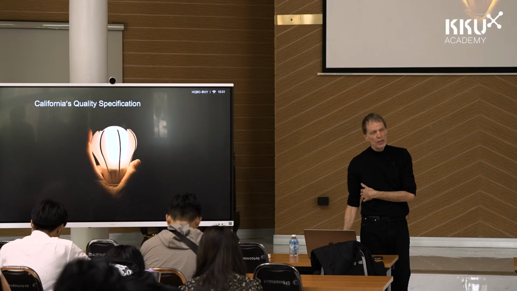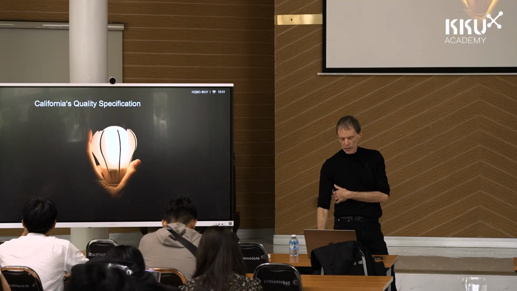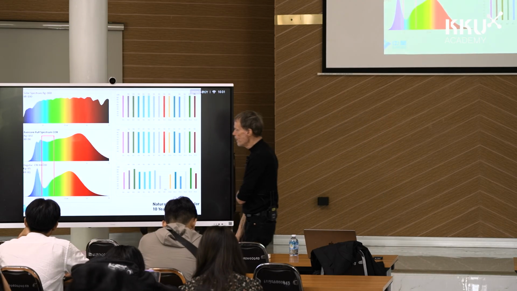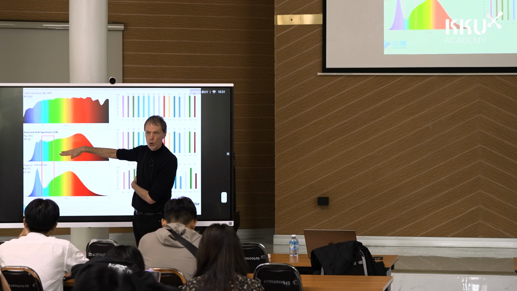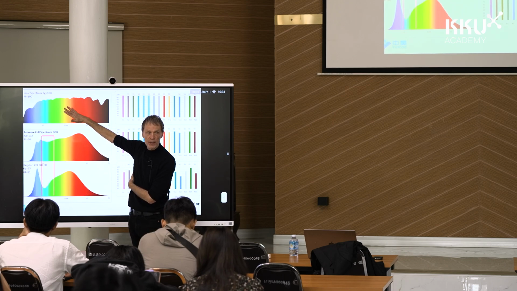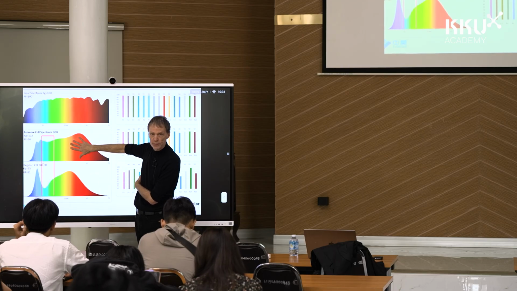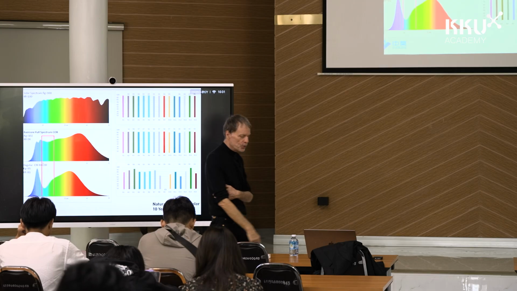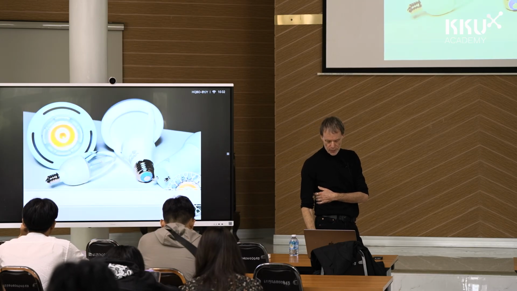So we developed in California a standard for lamps where we would move from this to this in order to be close to what this is. So now when you buy a lamp in California, it looks like this. Okay. So it's possible today to use high color rendering light sources.